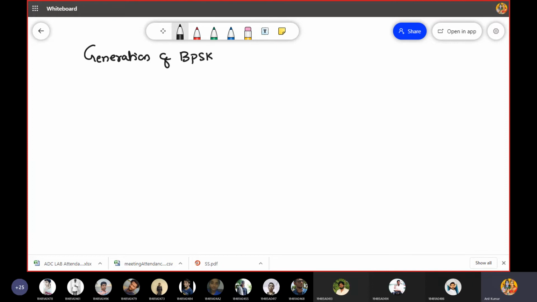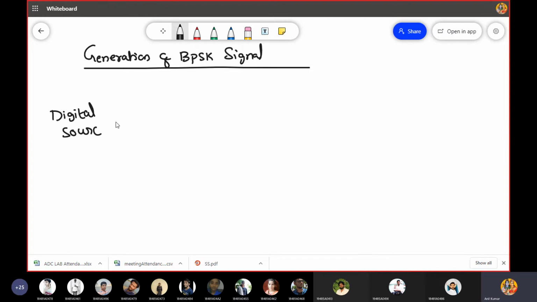Generation of BPSK signal. Right. So now you know that in any kind of modulation, first the digital source generates ones and zeros.